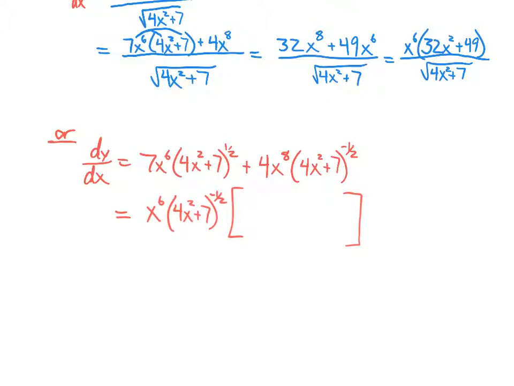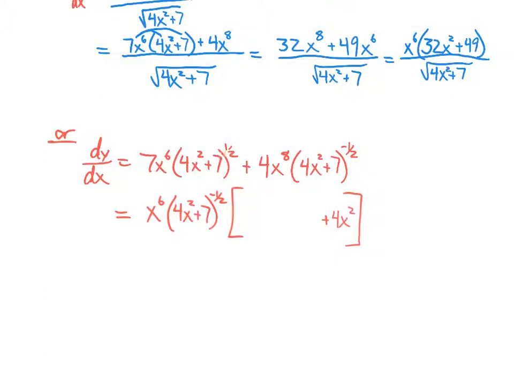The right hand side is pretty easy because I took this whole thing out and I took out an x to the 6th, so it's 4x squared left over. Okay? The challenging part is to notice what happens with this when I take out a negative 1/2 power. Well, think of it, if I distribute it back in, I want to end up with a positive 1/2. So negative 1/2 plus what gives me a positive 1/2?